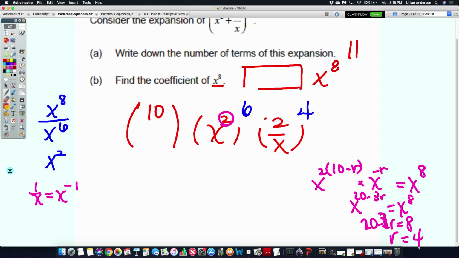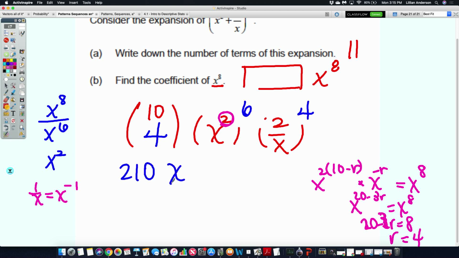Now this is another way. It's a 5 point question. It'll probably be 6, but it's still not that many points. So then we know that this would be 4. What does 10 choose 4 give? 210.